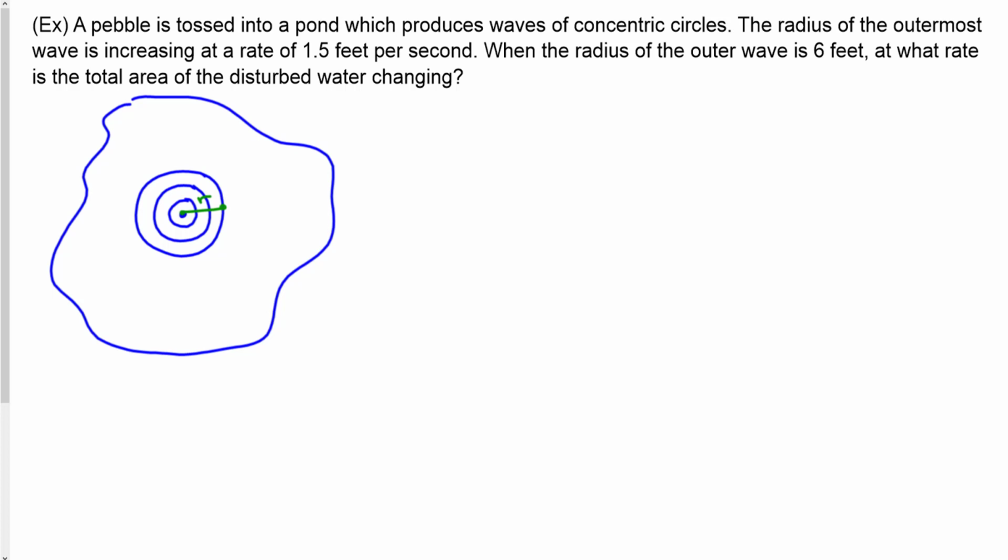So we write it as dr/dt. And this is known as the rate of change of the radius with respect to time.